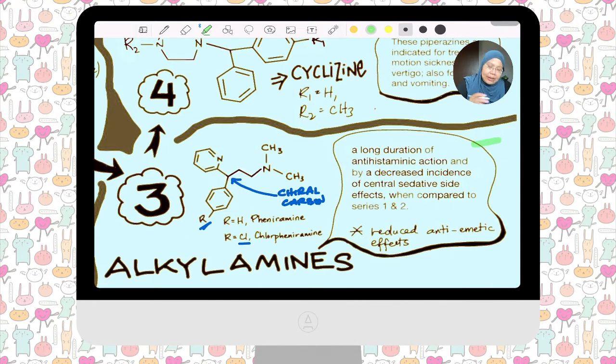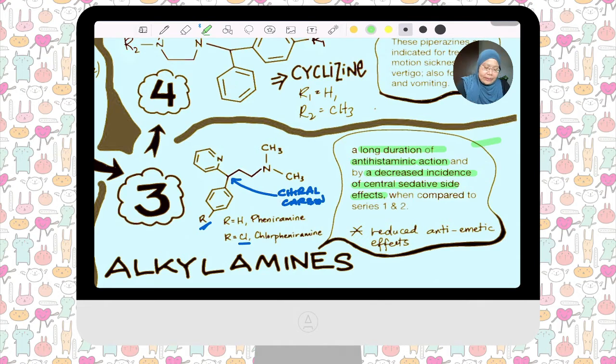What's good is that chlorpheniramine or pheniramine, this class of alkylamines, has a long duration of antihistaminic action. At the same time, it has a decreased incidence of central nervous system sedative side effects.